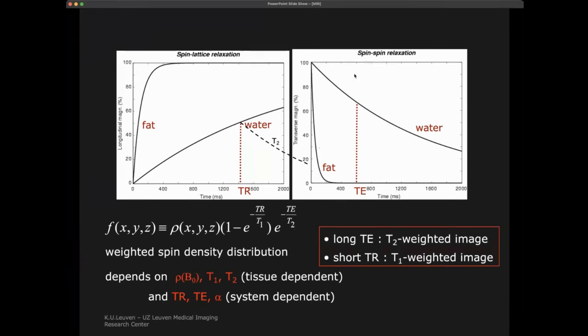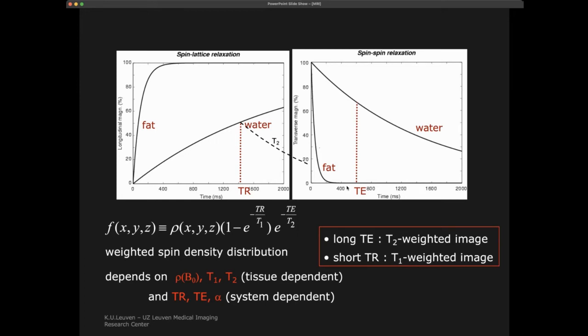And so depending on the echo time, where I measure, we will see the T2 relaxation, because my measurement is happening in the XY plane. And keep also in mind, T2 relaxation is faster than T1 relaxation. So if I measure after a certain amount of time, say roughly 600 milliseconds, the fat has already fully relaxed in T2, so has fully dephased.